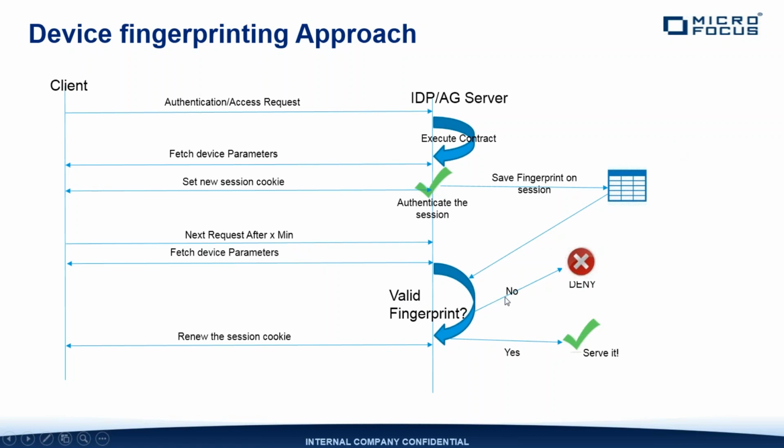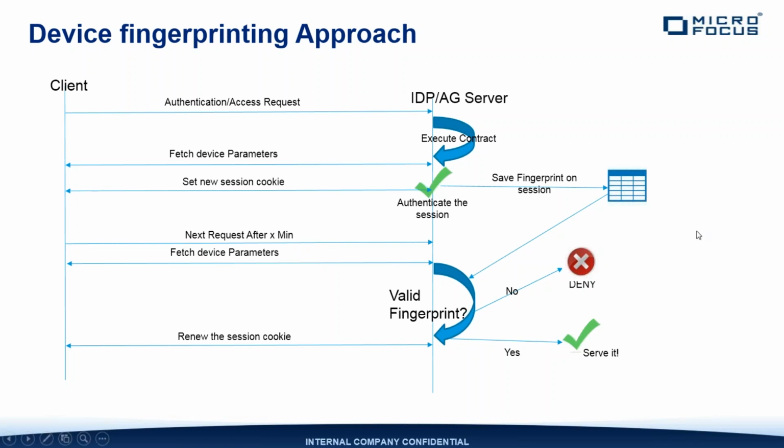If any of them is not matching, we deny it. Else we renew the session cookie, set it back to the device, and continue to serve it. This way, adding a 3-layer protection over the existing one provides very strong security, preventing session hijacking as well as session replay.